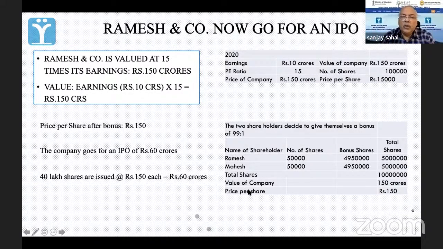Now, here, we saw one way of valuing the company. How did we value this company? We valued it by saying that the price should be at least 15 times the earnings. And so this was a way of valuation.